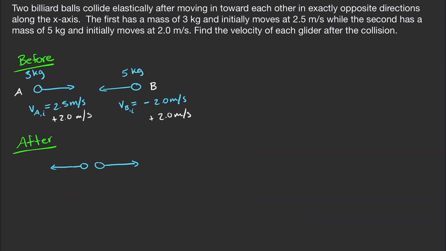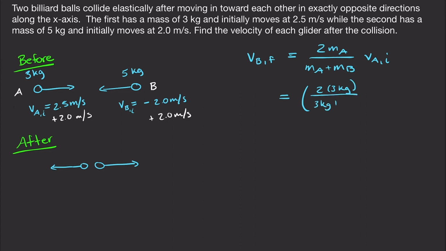Now we can do the same thing with object B. The equation for the final velocity of B, which again was initially at rest, is equal to twice the mass of object A, again over the sum of the masses, times the initial velocity of A. If we plug in, we'll get 2 times 3 kilograms, all over 3 kilograms plus 5 kilograms, times the initial velocity of A, which again is still shifted, so it is 4.5 meters per second, and that will be 3.375 meters per second.